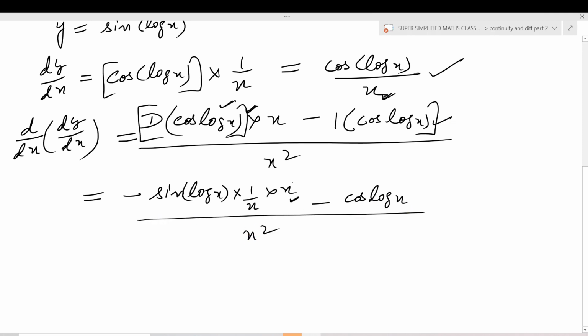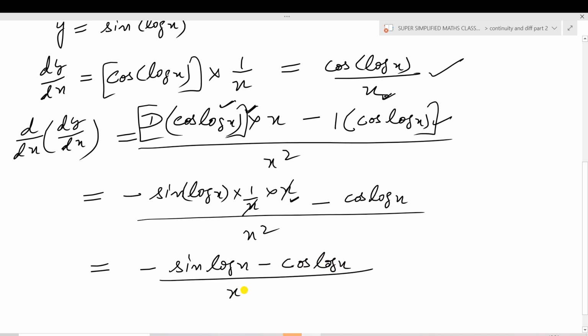Now this x and this x get cancelled, and we have minus sin log x minus cos log x divided by x square. In the end you can take the negative sign common, so you will have minus sin log x plus cos log x upon x square, which is your answer.